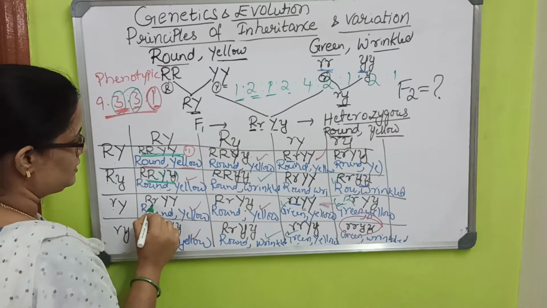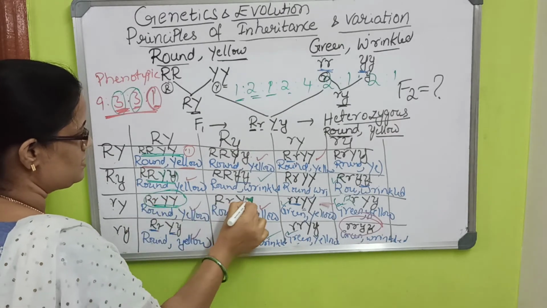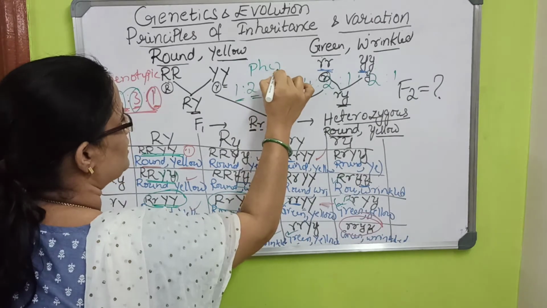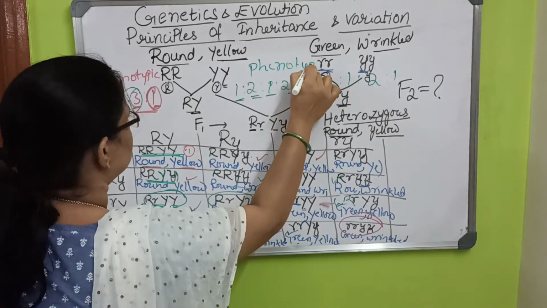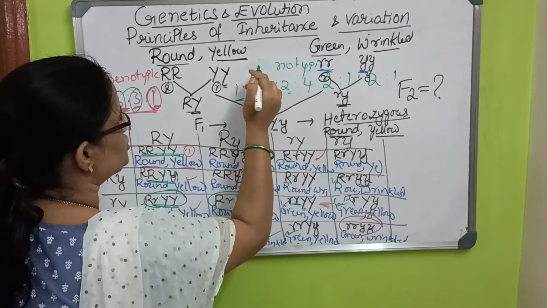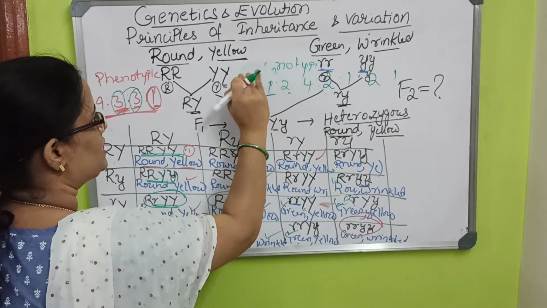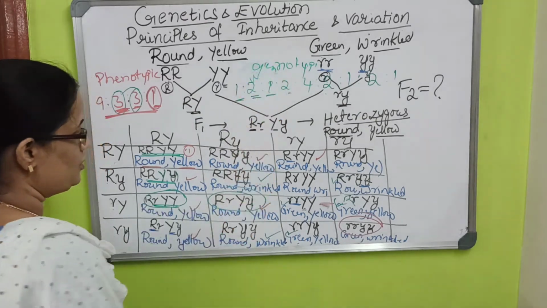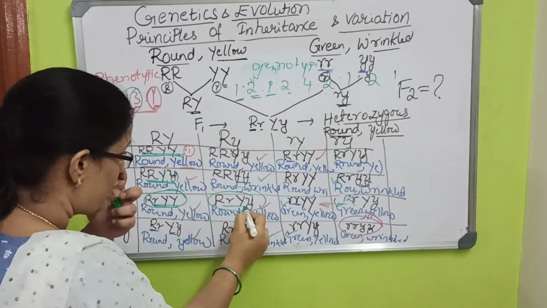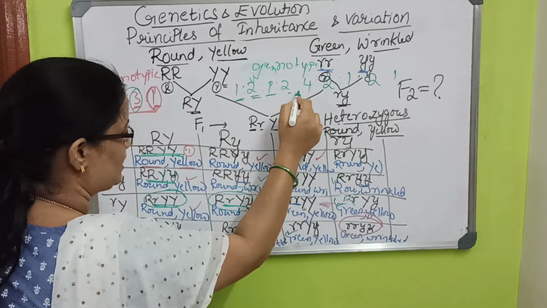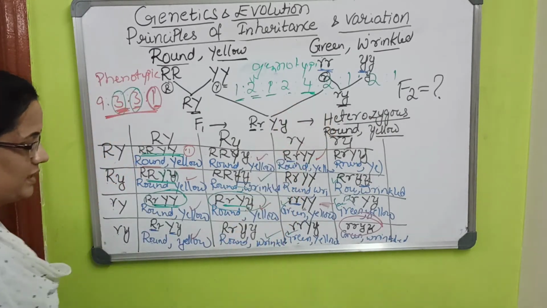By counting these characters you can write this. This is genotypic ratio, not phenotypic ratio. In the exam they ask which is the genotypic ratio and which is the phenotypic ratio. You have to count this and write how many there are, like that. Even capital R's and Y's are showing here.